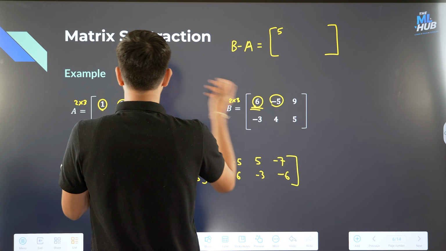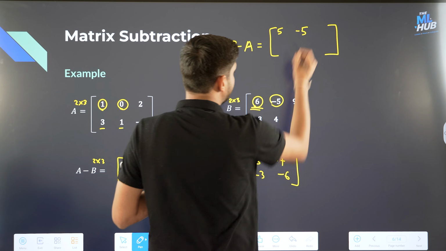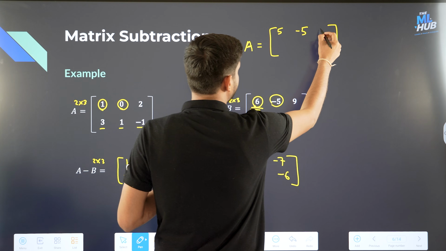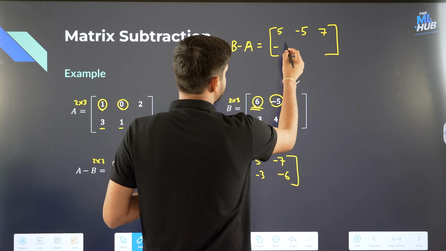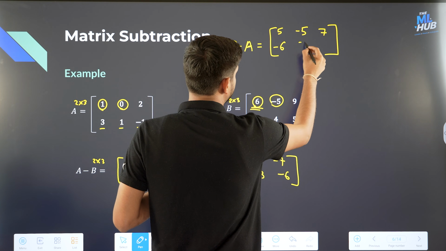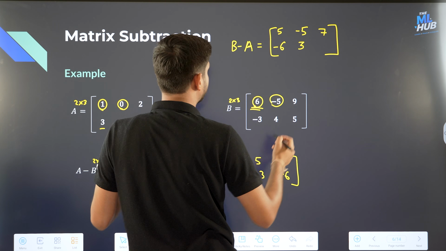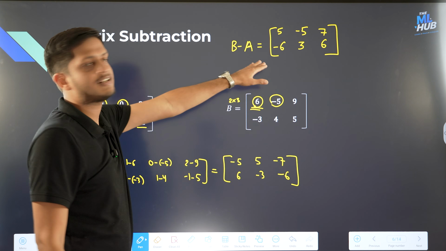Then we will have minus 5 minus 0, which means minus 5. Then we will have 9 minus 2, which is 7. Then we will have minus 3 minus 3, which is minus 6. Then we will have 4 minus 1, which is 3, and 5 minus minus 1, which is 5 plus 1, which is 6. Okay. So this will be the matrix B minus A.